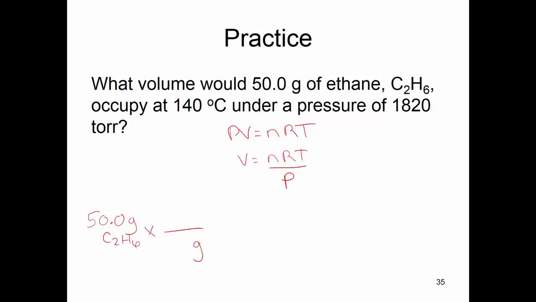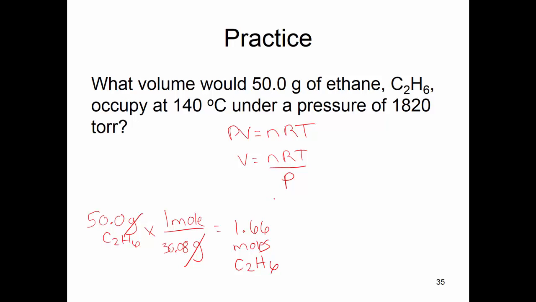If you add up the molar mass of ethane, C2H6, carbon's atomic weight is 12.01, hydrogen's is about 1.01, and so we get about 30.08 grams per mole, which is 1.66 moles. So we convert grams to moles like we've been doing, or you've hopefully been doing all semester.